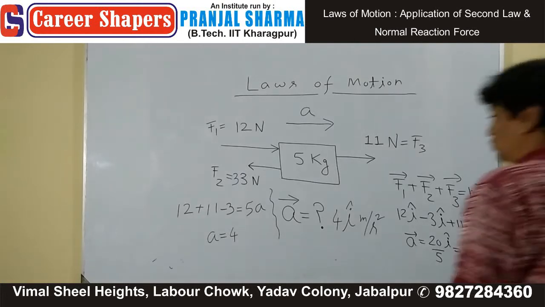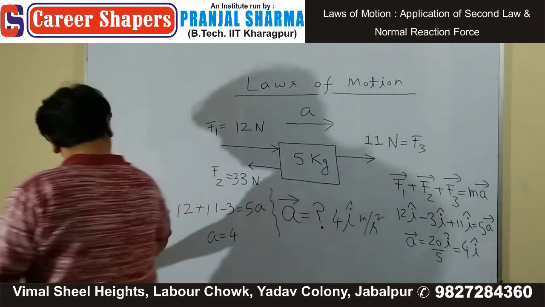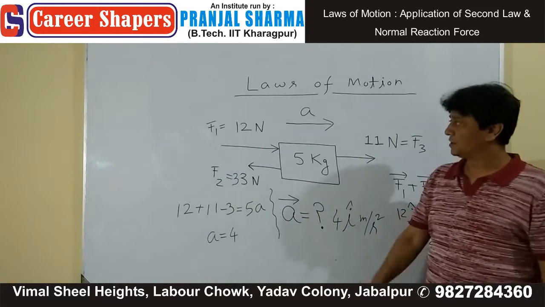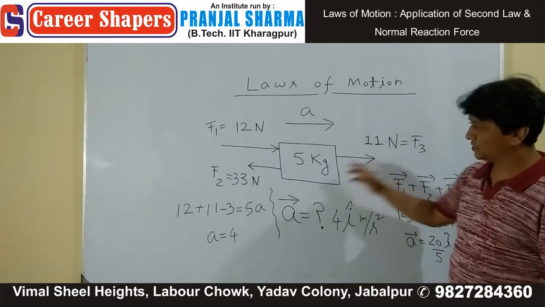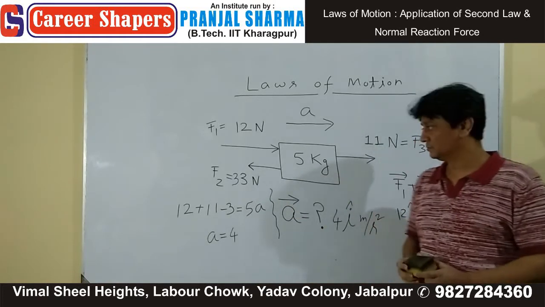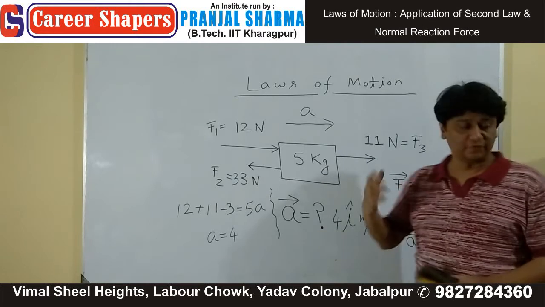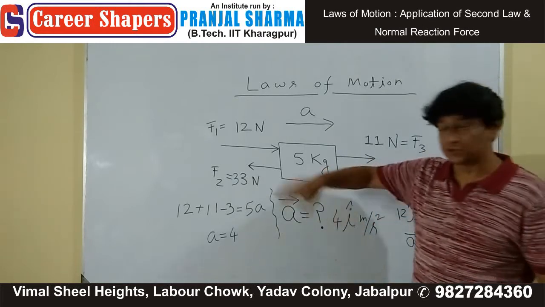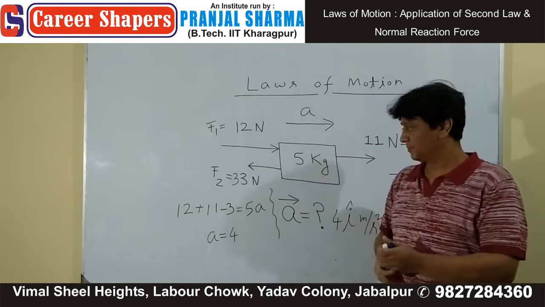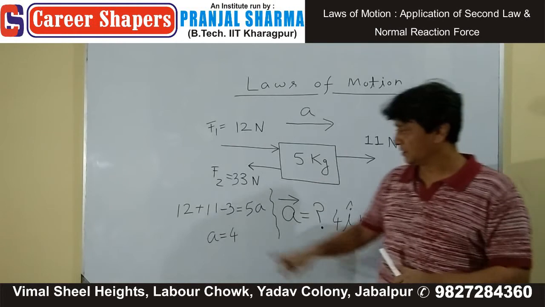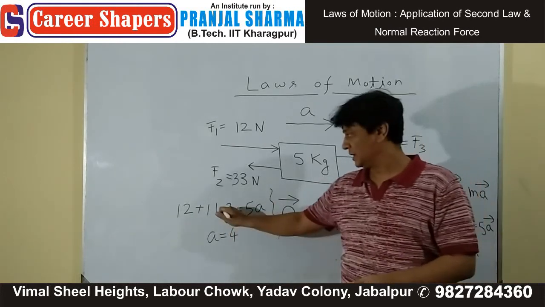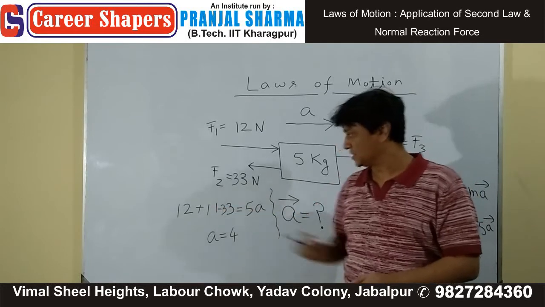So the logic says what? Look here. You can see that this is 12 and this is 11 and this is 33. Somebody using magnitude version, if they, for the one dimensional part, even if you write like this, then you can take care of the whole thing. This minus 3 is now minus 33.